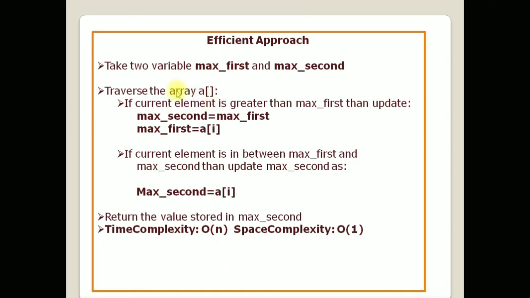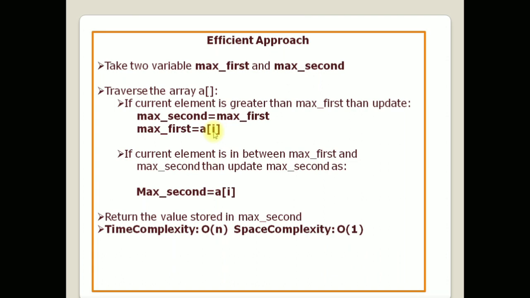We will traverse it, and if any element in the array is found to be greater than the first, our largest element, then we update it so that the second largest will contain the value of the largest element, and the largest element will be the element at that particular index.